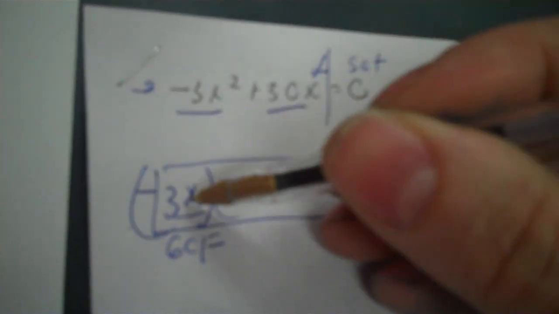They're in the 3rd row. There's 30, so it'd be in row 3. So negative 3x is your GCF. Then we're going to put that in a parentheses, and then we're going to come up here and divide by negative 3x.